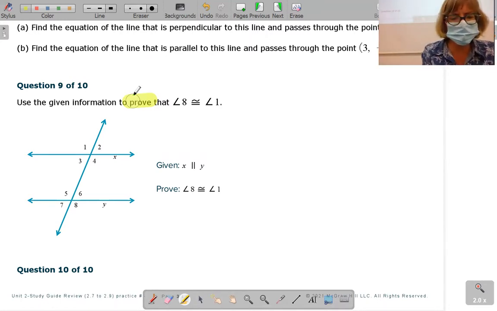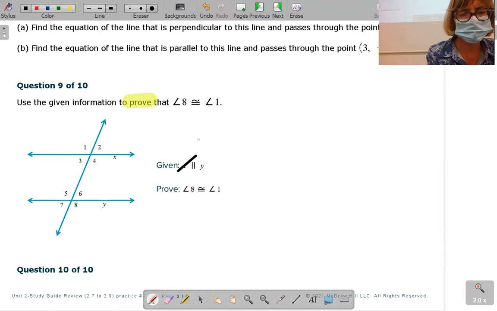So right here, we are given the fact that we're starting with parallel lines. So you're told that x and y are parallel.